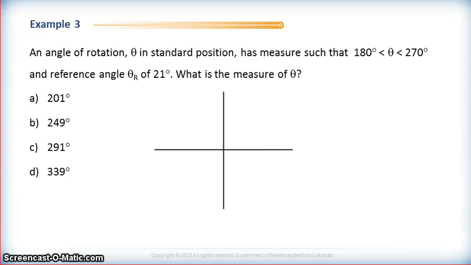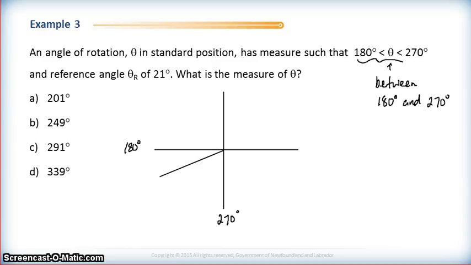There are a couple of ways to take a look at this example. One is to realize, first of all, that our angle must be in the third quadrant, and it has to have a reference of 21 degrees. We know it's in the third quadrant because we're told that theta is between 180 and 270.